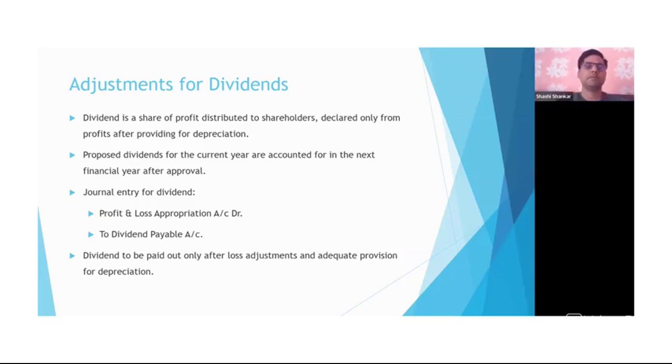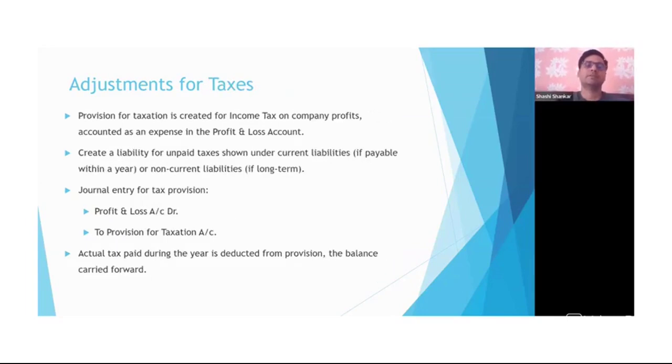All right. Now moving to the next, adjustment for taxes. How is it adjusted? Provision for taxation is created for income tax on company profits. The key point is that tax is levied on the company's profit. It is accounted as an expense in the profit and loss account, so it should be on the expense side, the debit side.